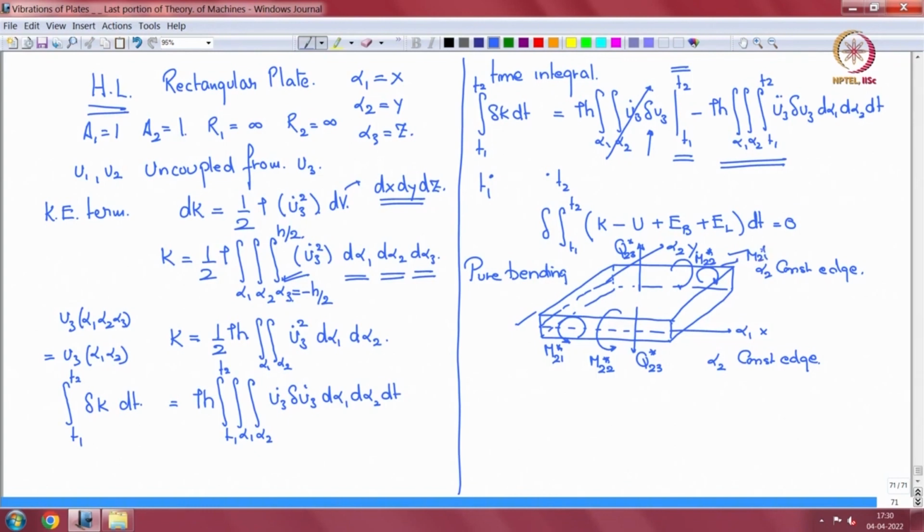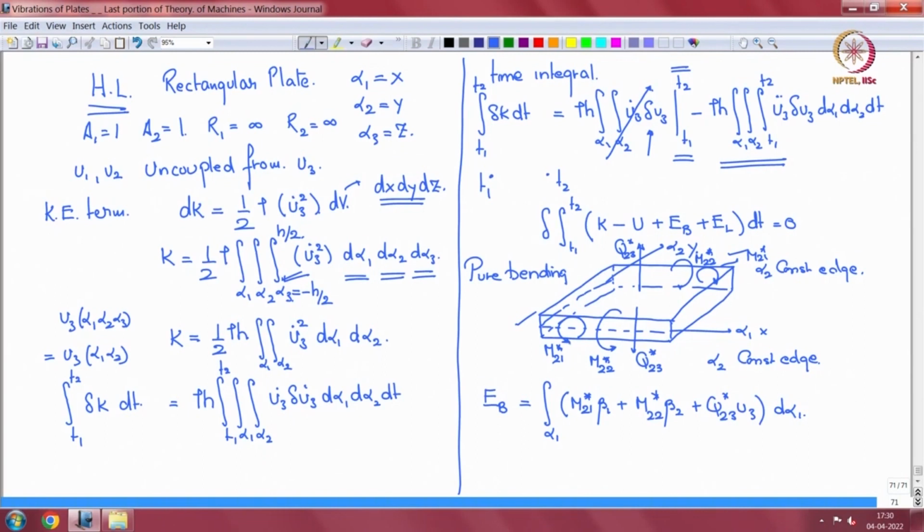So, how will the boundary term look? The boundary term looks like an integral over alpha 1 of M21 star beta 1 plus M22 star beta 2 plus Q23 star u3, d alpha 1.